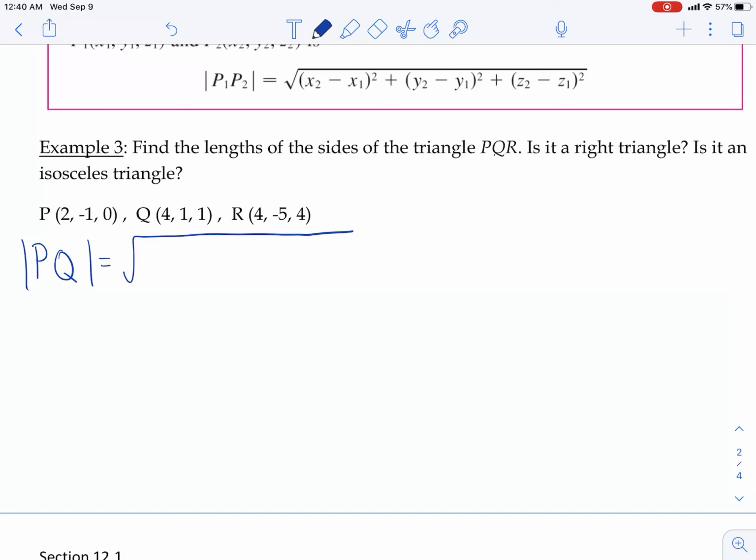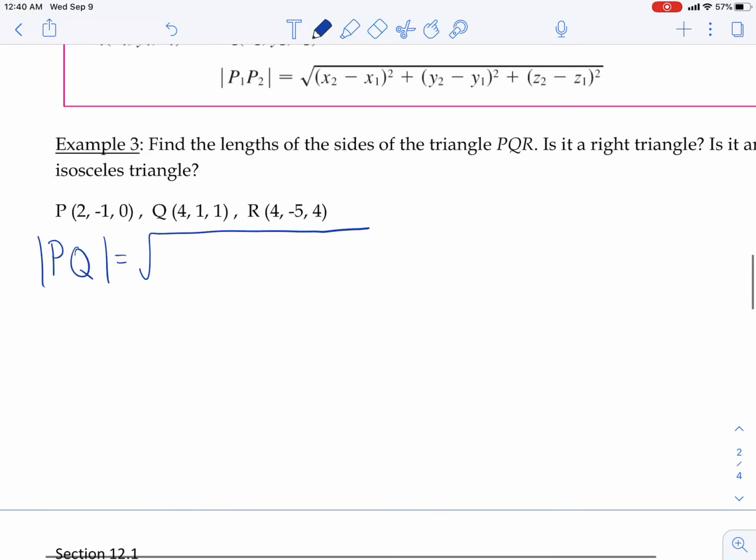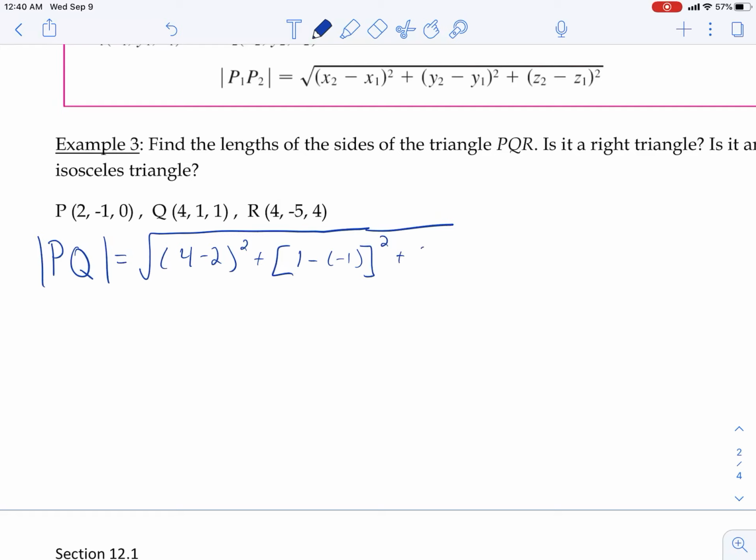So I'm going to take my values for Q and P, and I'm going to take my x's, 4 minus 2 squared, plus 1 minus negative 1 squared, plus 1 minus 0 squared. 4 minus 2 is 2, squared is going to be 4. 1 plus 1 is going to be 2, so 2 squared is also 4.